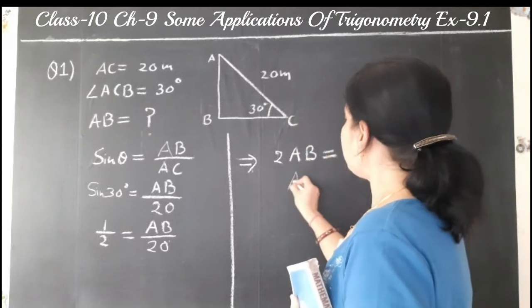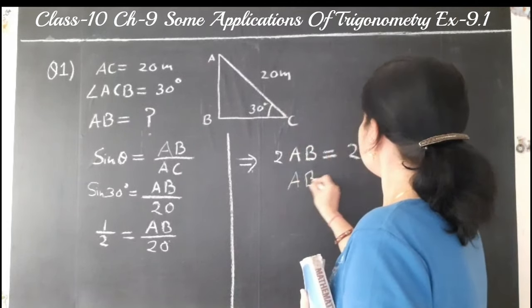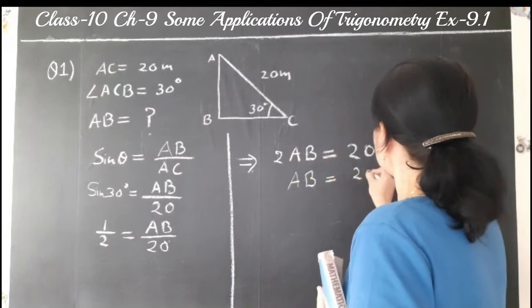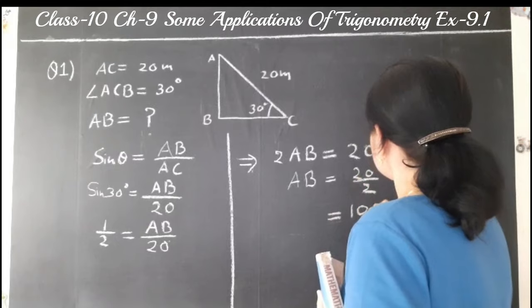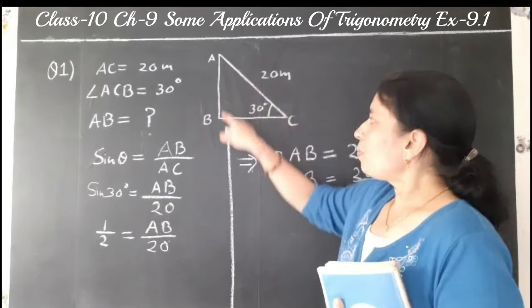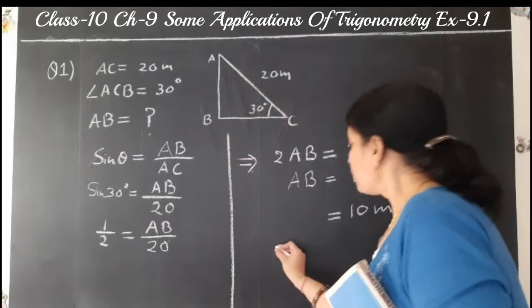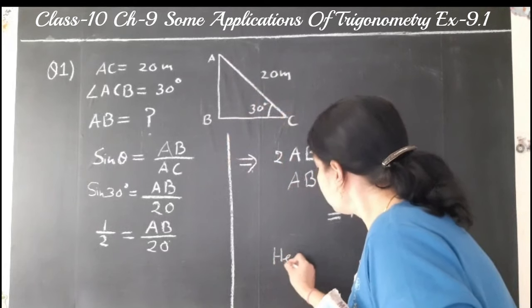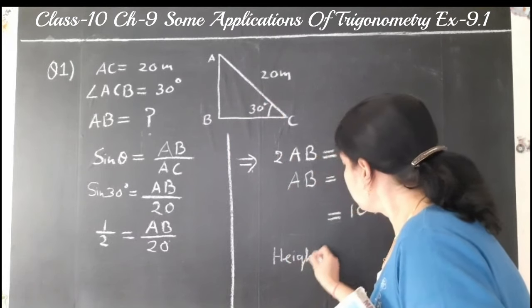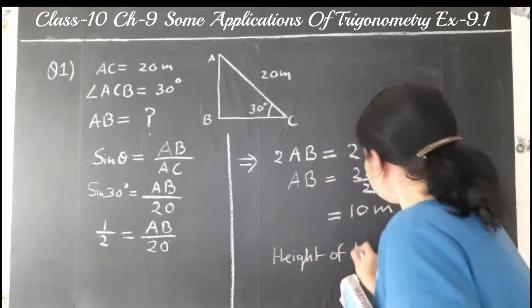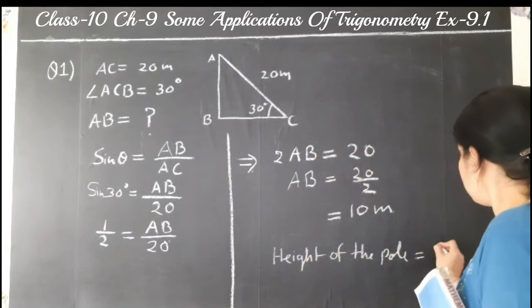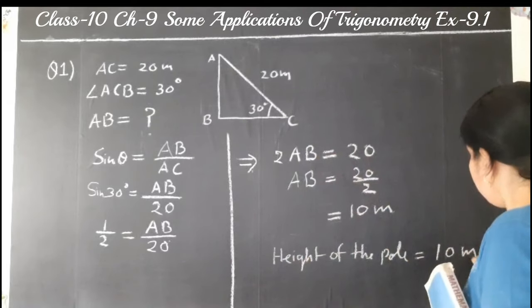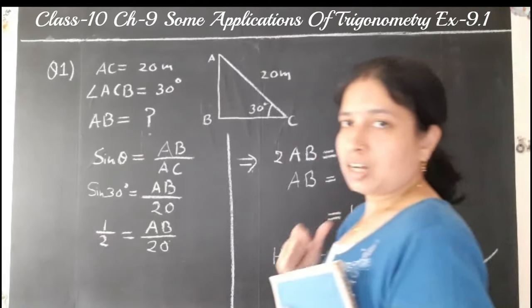Then what will be AB? Then AB will be 20 divided by 2. That means 10 meter. So height of the pole will be 10 meter. So right here, height of the pole is 10 meter.